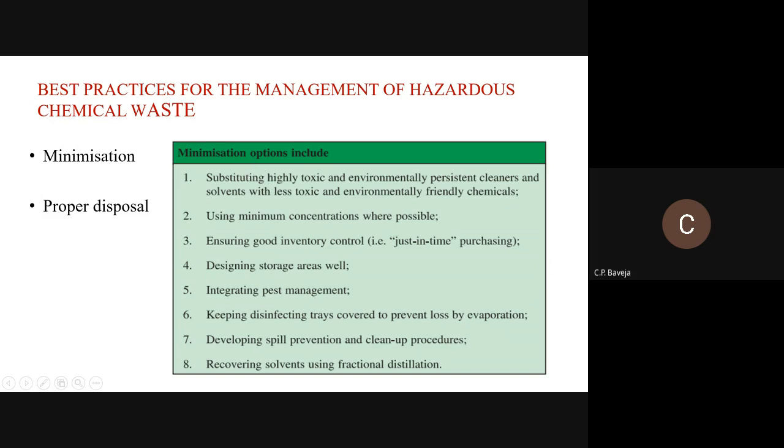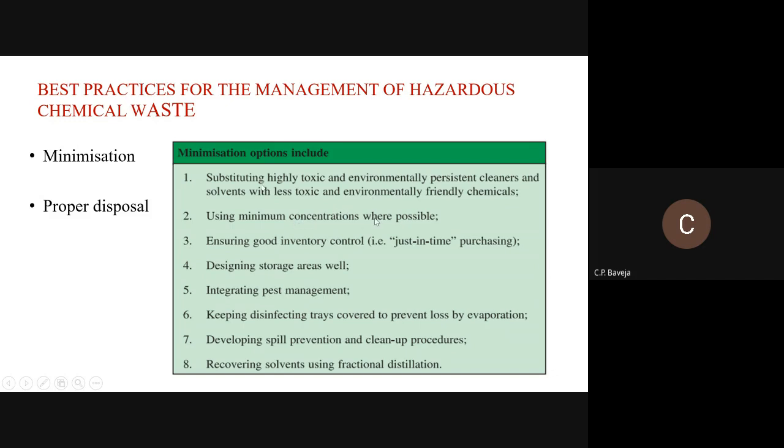Substituting highly toxic materials, which should not be used, with something else. Environmentally persistent cleaners and solvents should be replaced with less toxic alternatives, and environmentally friendly chemicals should be used. This is one, that is substitution.